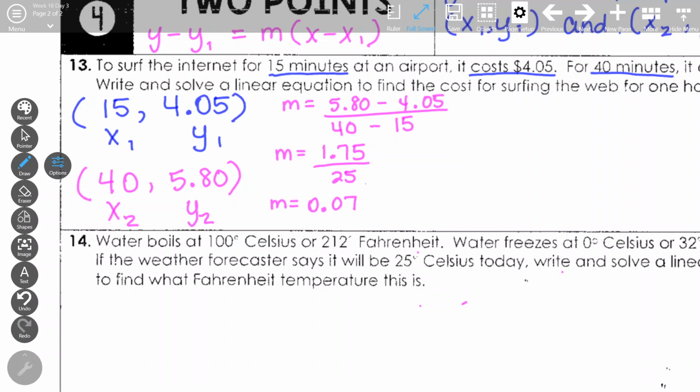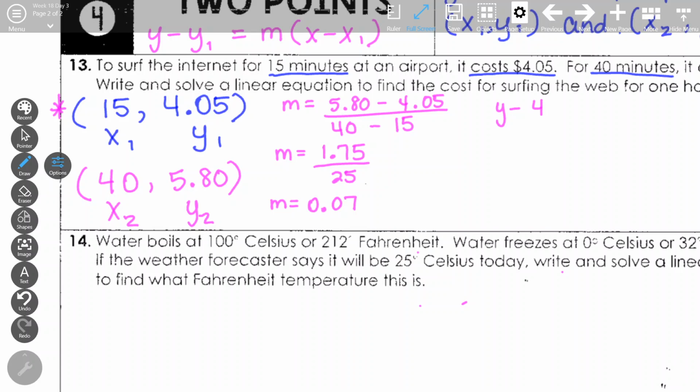So that's important because we have to use that in our formula. Now, remember, once you switch to the point slope formula, it doesn't matter which point you use. You can use the first or you can use the second. I'm actually going to use the first because the numbers are smaller. So I'm going to use this point here. So now we got to say y minus, what's our y sub 1?